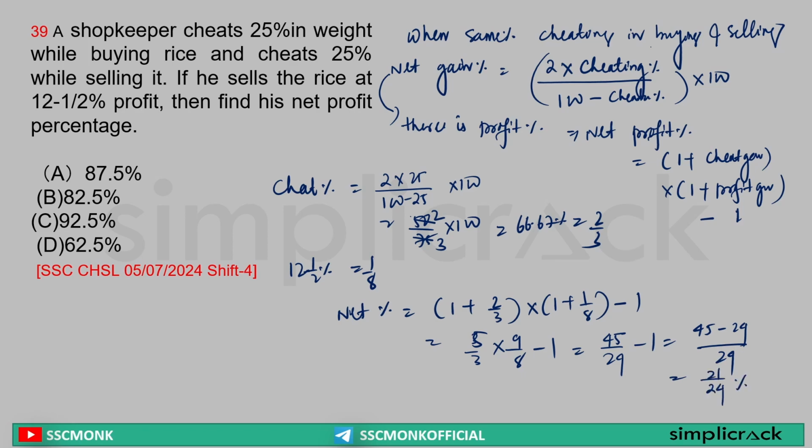If I multiply into 100, I will get the percentage value. So 21 by 24 into 100%. Sir, let's solve this. Sir, 3 8s are 24, 3 7s are 21. Sir, 100 by 8 is equal to 12.5. So 12.5% into 7 is equal to 87.5%. That is option A is the right answer.